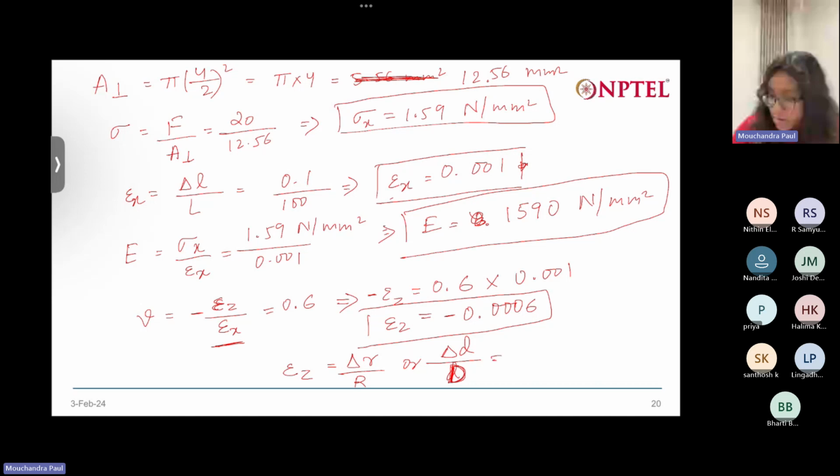So delta D we have to calculate, we don't know delta D. Delta D is epsilon z into the original diameter of the tube.